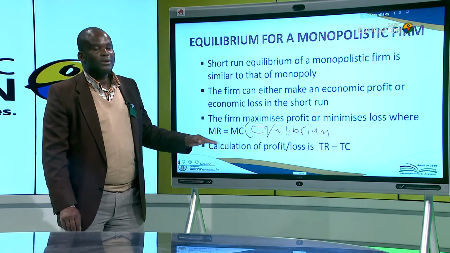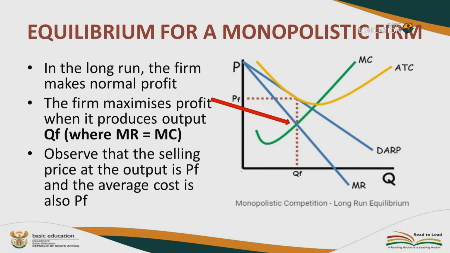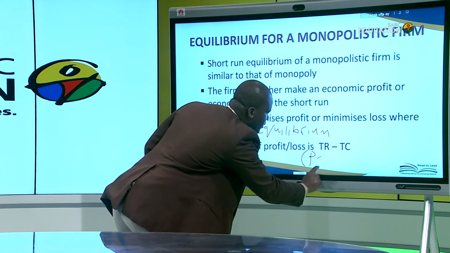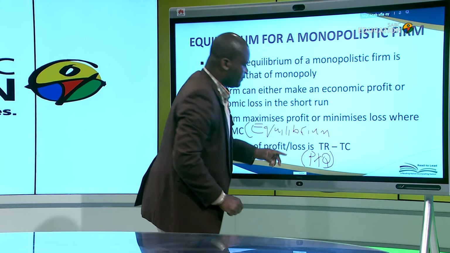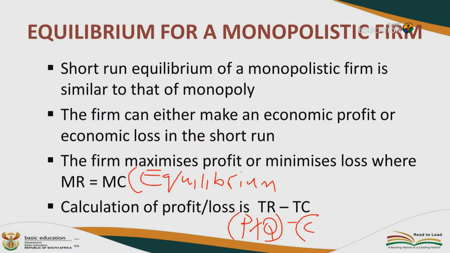You can still calculate the profit or the loss for the firm by simply saying profit or loss is TR minus TC, total revenue minus total cost. And by TR minus TC, we mean price times quantity, that is for the total revenue, minus cost times quantity, that is for the total cost.